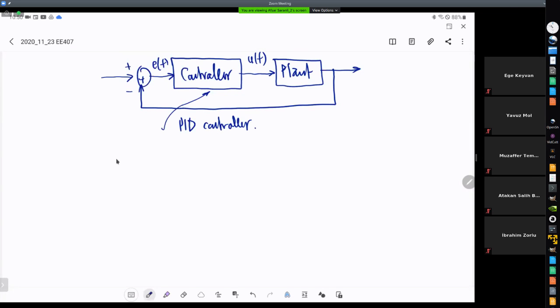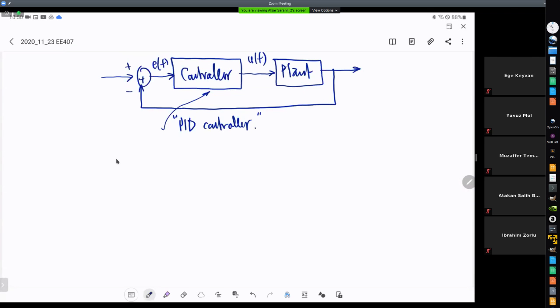So now we are discussing the so-called PID controller, okay? And we will be discussing the PID controller for a while, okay? We will start with basically our approach in 302.